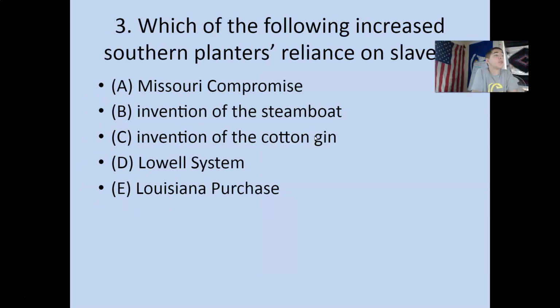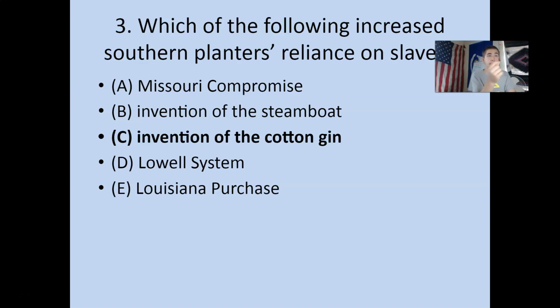Number 3. Which of the following increased Southern planters' reliance on slaves? Missouri Compromise, invention of the steamboat, invention of the cotton gin, Lowell system, or Louisiana Purchase?